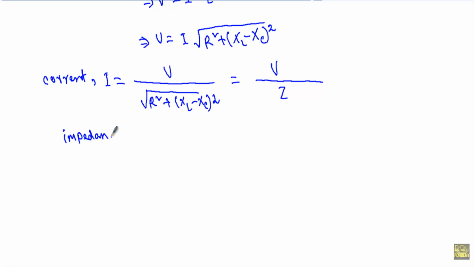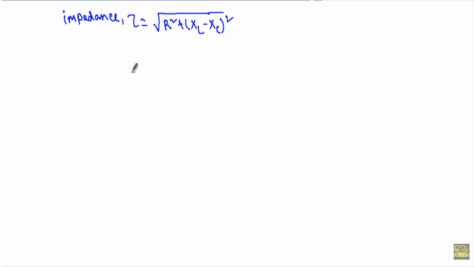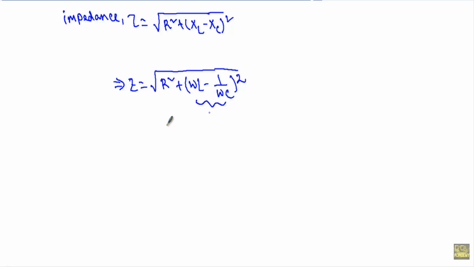The magnitude of the impedance will be equal to Z equal to root over R square plus (XL minus XC) whole square. Now see, if I put the value of XL and XC here, I will get impedance Z equal to root over R square plus (omega L minus 1 by omega C) whole square. This is the resultant reactance.